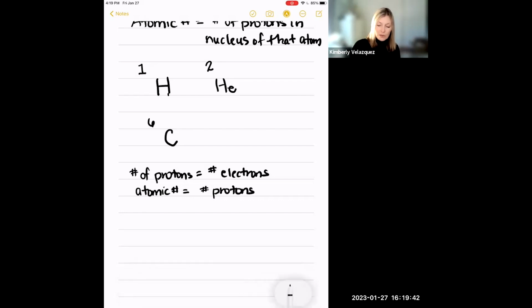It also equals the number of electrons. It's not protons plus electrons, it's the number of each, because those are equal in what we call a neutral atom, which is how all the atoms exist on the periodic table: the number of protons equals the number of electrons.